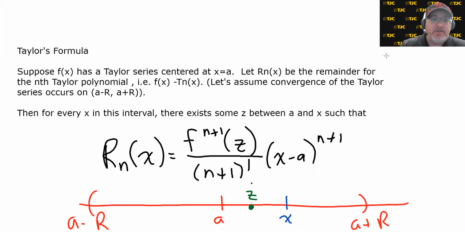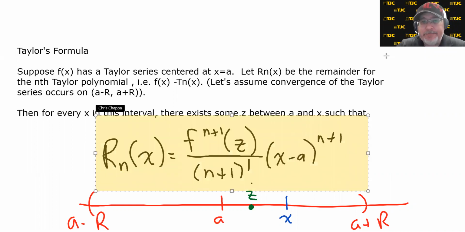And then we talked about Taylor's formula, that there's a formula for the remainder. The remainder is equal to that for some z between the center and whatever x we're looking at at that moment in time.